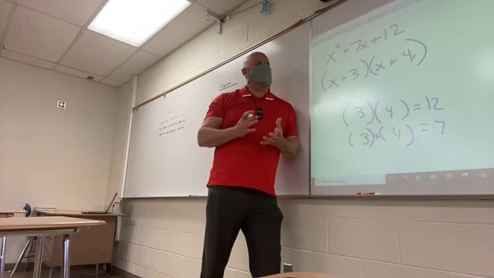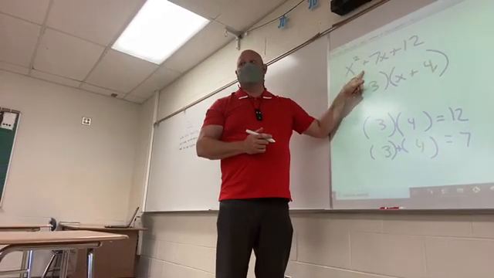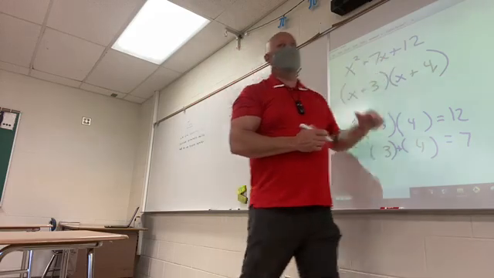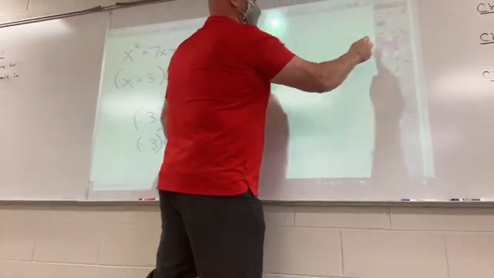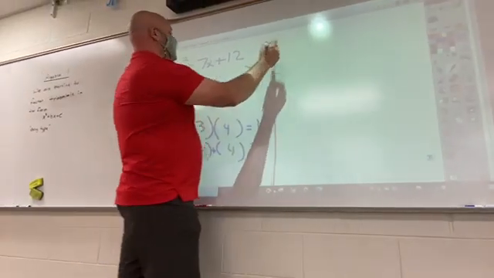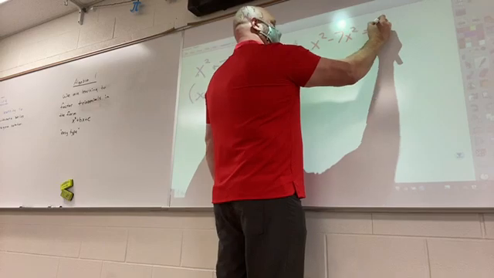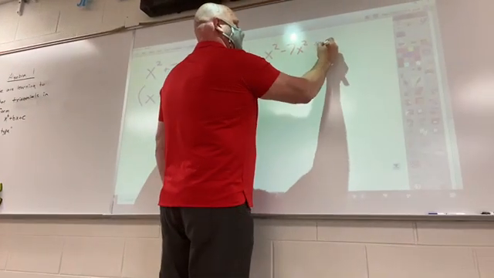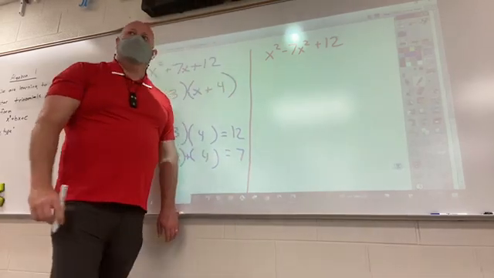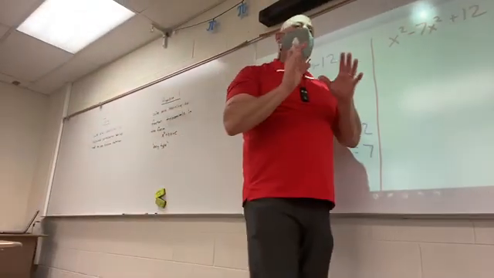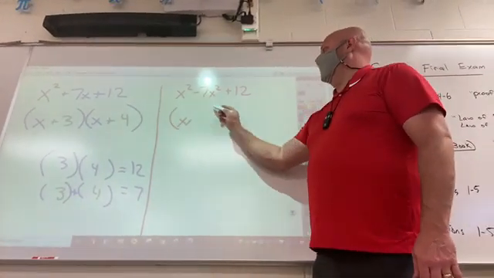Now we have to start talking about what happens when we start changing these signs. A problem like this versus a problem like this. There's almost no difference. Because this is going to be x, this is going to be x.